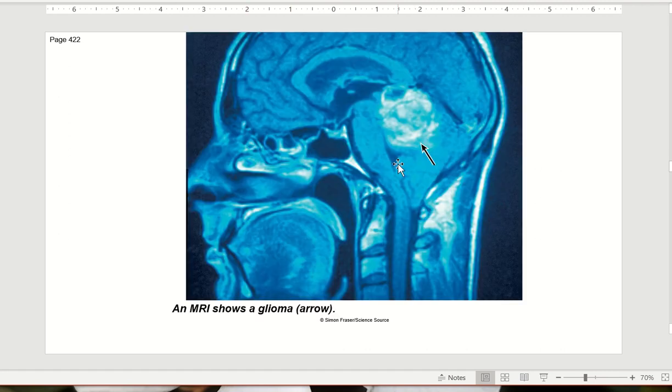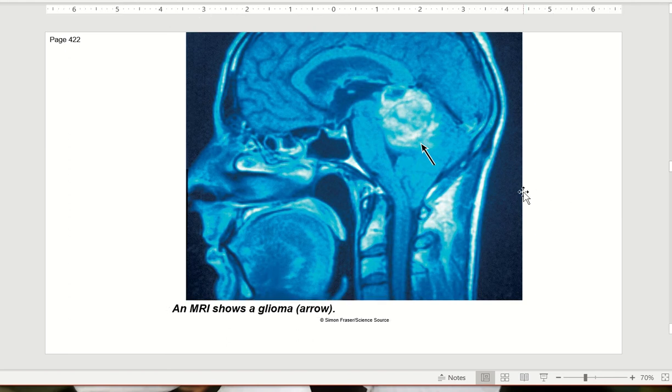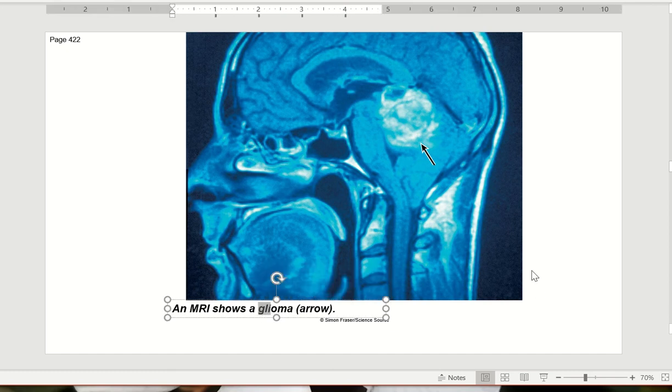So this is an MRI that shows a glioma, and you remember that oma means tumor. So a glioma is a tumor of the glial cells. This is a more common form of cancer than a myeloma or a neuroma, and the reason is that glial cells do mitosis and neurons don't.